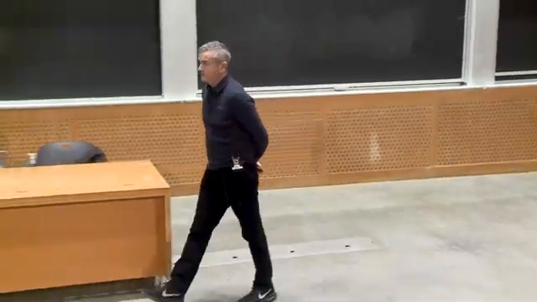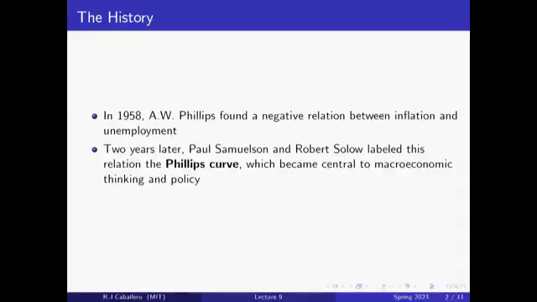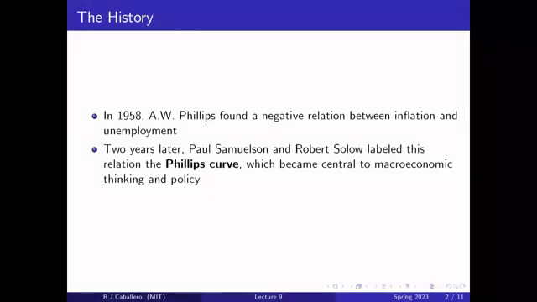So what is this Phillips curve? Well, in 1958, an economist at LSE, the London School of Economics, came out with just an empirical relationship. This is A.W. Phillips. He found that using historical data for the US, I think, there was a negative relationship up to the 50s between the unemployment rate and the rate of inflation.